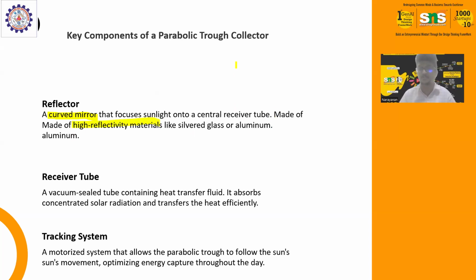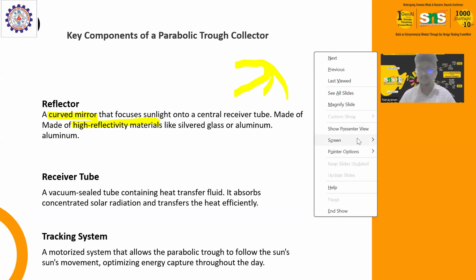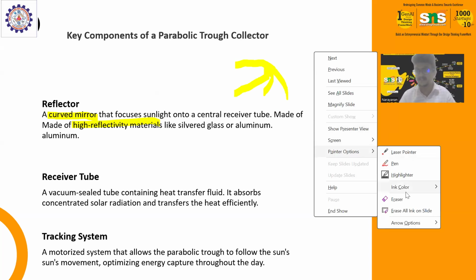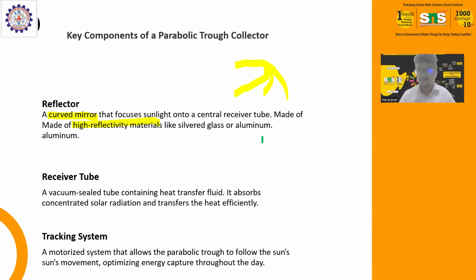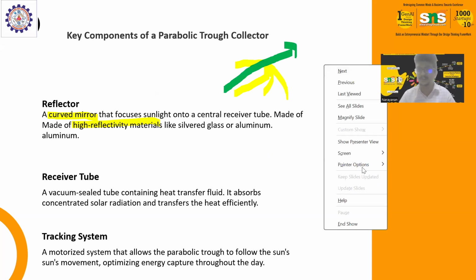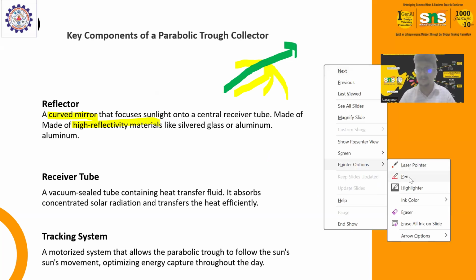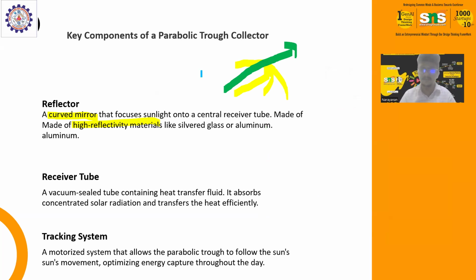As we all know, any material can absorb heat, and I'm showing in yellow color a material absorbing heat. A material can transmit heat, or a material can reflect heat.